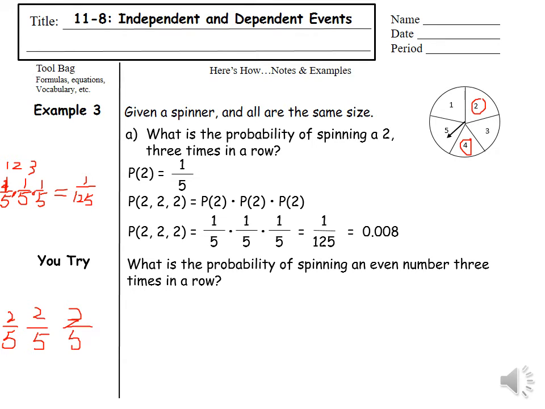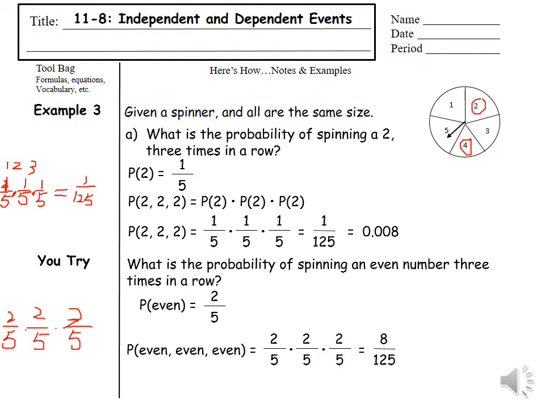You just need to multiply them together. 2 times 2 times 2 equals 8. 5 times 5 times 5 equals 125. So the probability of getting an even number 3 times in a row is 8 out of 125.